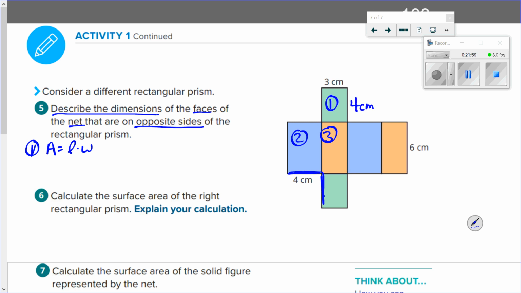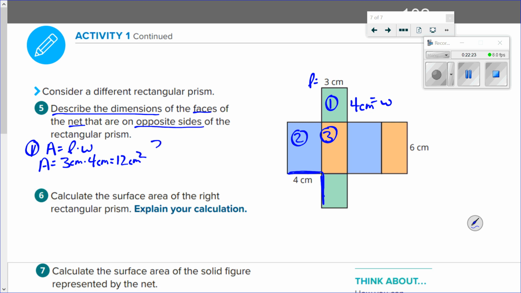Does that make sense? Anybody not see that? Because this is really important. You have to be able to see from that picture where that 4 comes from. Now I know the length and width: my length is 3, my width is 4. So the area of the first one is 3 centimeters times 4 centimeters, or 12 centimeters squared.